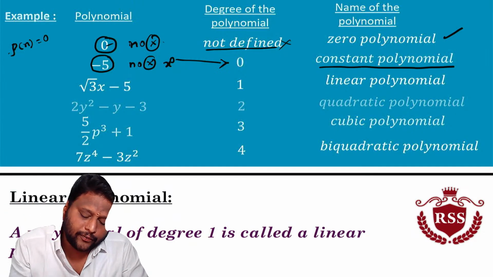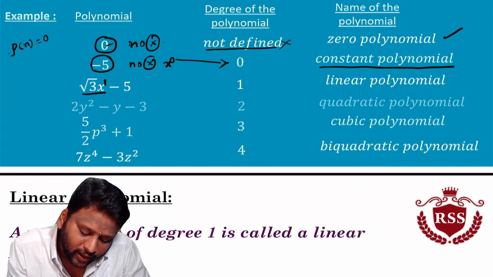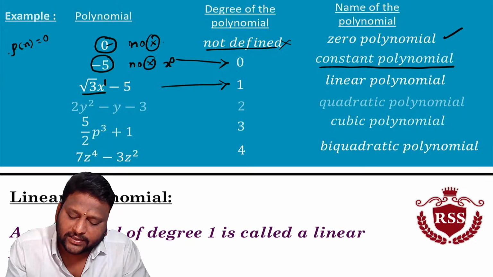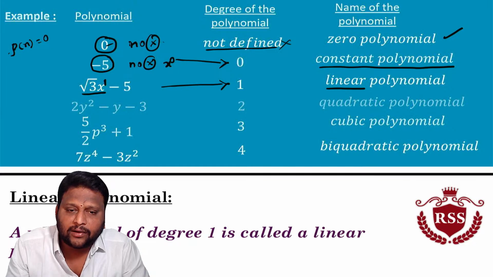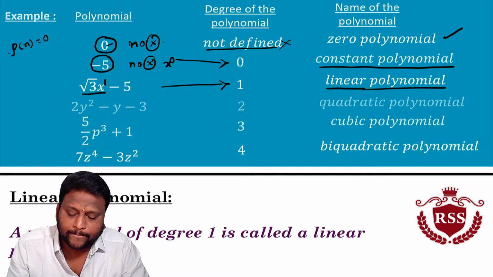Okay. If you see root 3x, x power is 1. So degree is 1. 1 means always linear polynomial. What is zero polynomial?